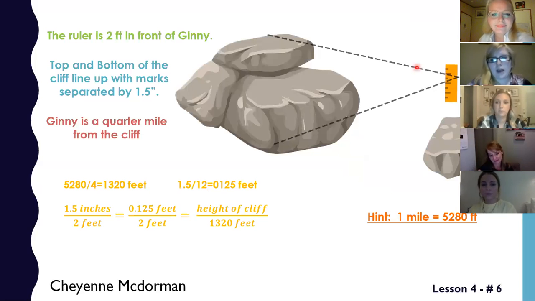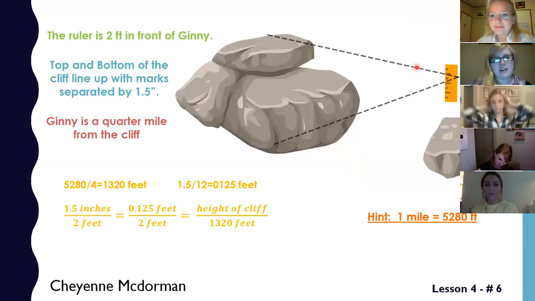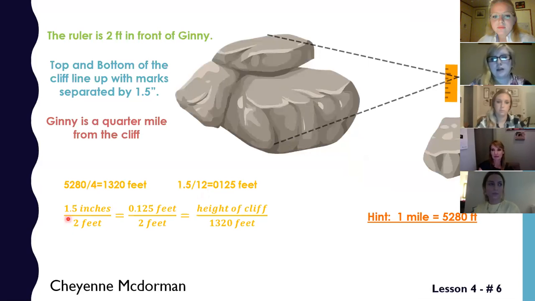Now we have to convert the inches into feet. We take 1.5 and divide that by 12, since there are 12 inches in a foot, which gives you 0.125 feet. Now we put it into an equation: 0.125 feet over 2 feet equals the height of the cliff over 1,320 feet.